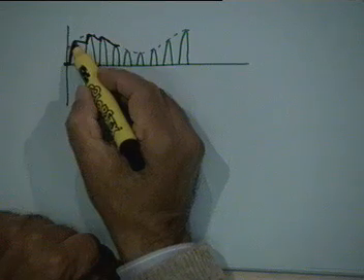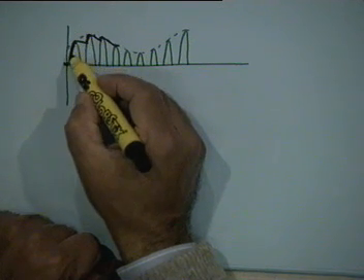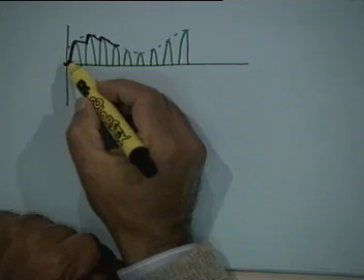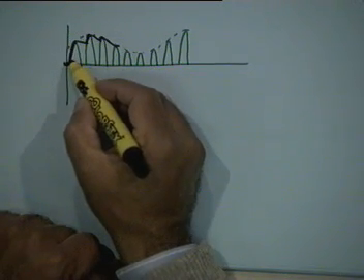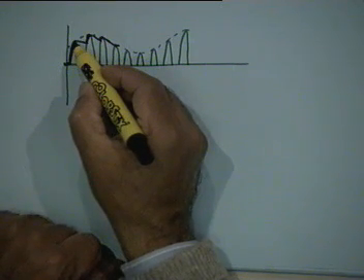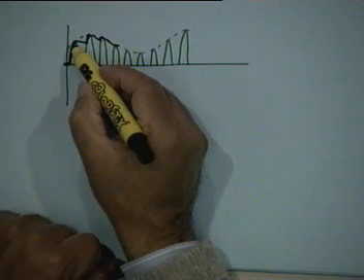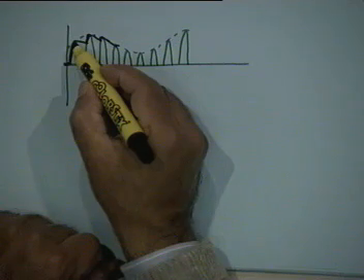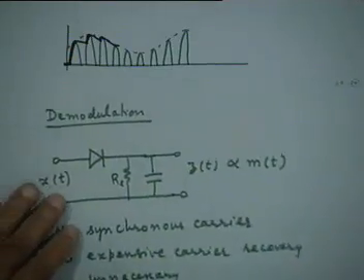When this positive half cycle comes, the diode conducts, and if we assume that the charging circuit for the capacitor has a very small time constant, then the capacitor voltage will more or less follow the carrier signal that is coming in during this half cycle, right? So it will keep on getting charged to the incoming voltage till it reaches the peak value.